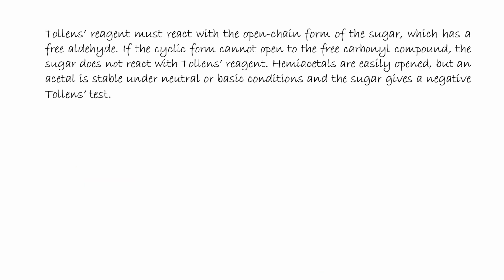As we mentioned, Tollens reagent must react with the open chain form which has a free aldehyde. If the cyclic form cannot open to a free carbonyl compound, the sugar does not react with Tollens reagent. Hemiacetals are easily opened, but an acetal is stable.